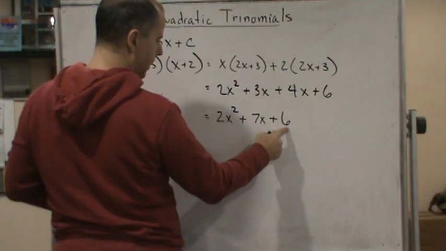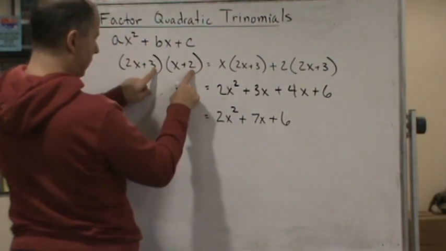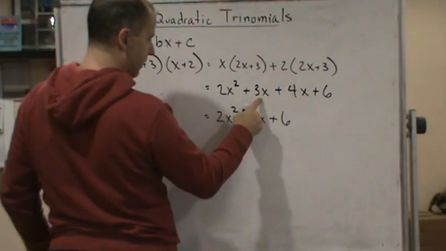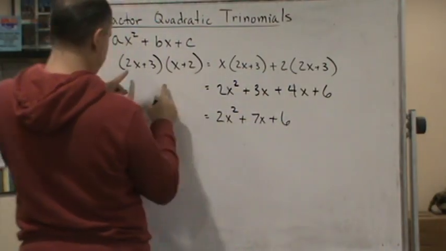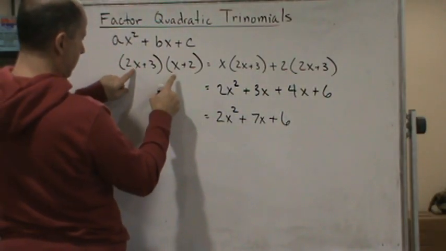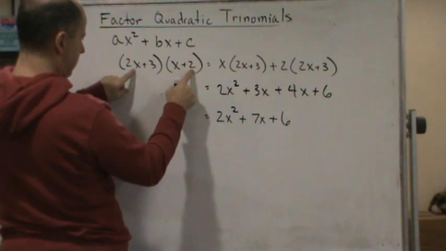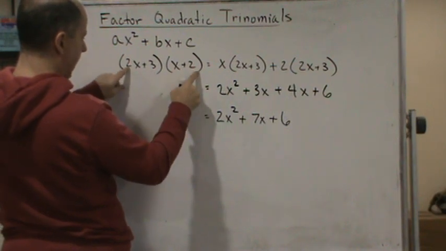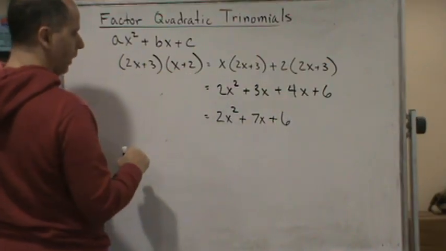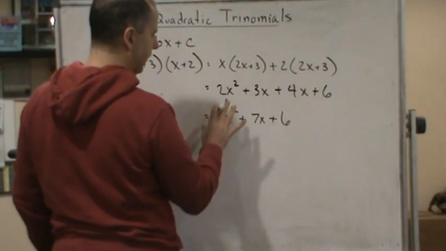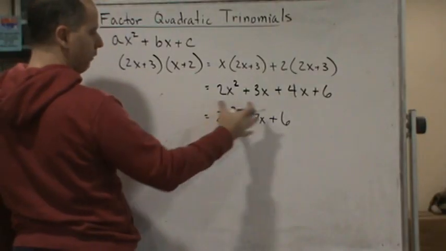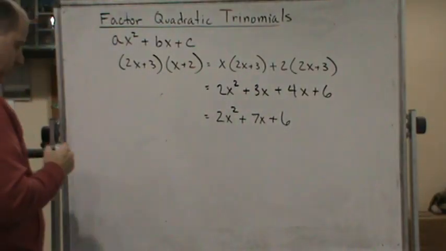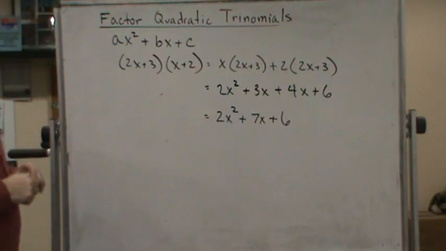The last term, the constant term, will give us the product of these two. And then the middle term is the product of this times this plus this times this. So the outer product plus the inner product. And so that's going to be key to helping us figure out the factoring. Okay? All right.